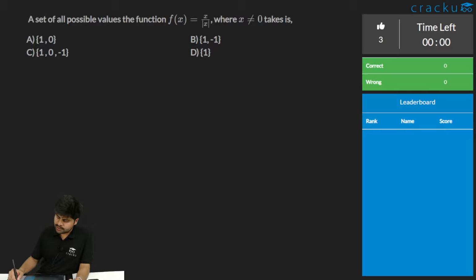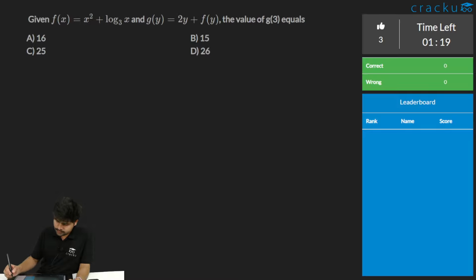So in this one, the time is over. Okay, why did I post another question? Try to solve this one as well. Then we will discuss the solution for both of them. Okay.